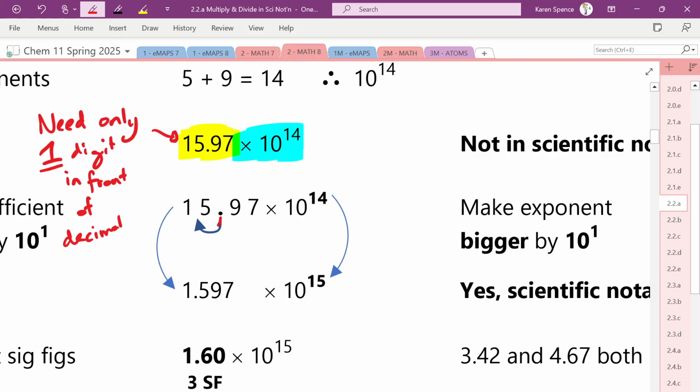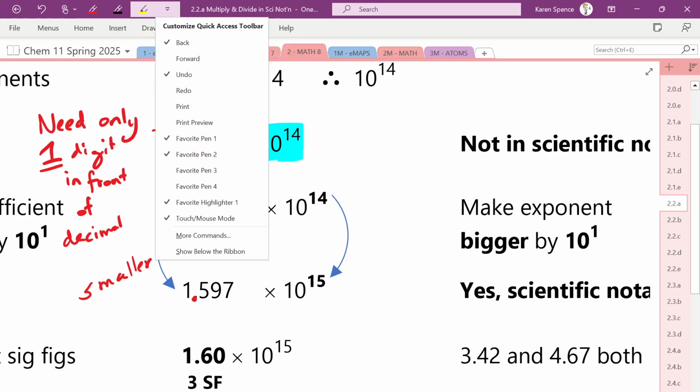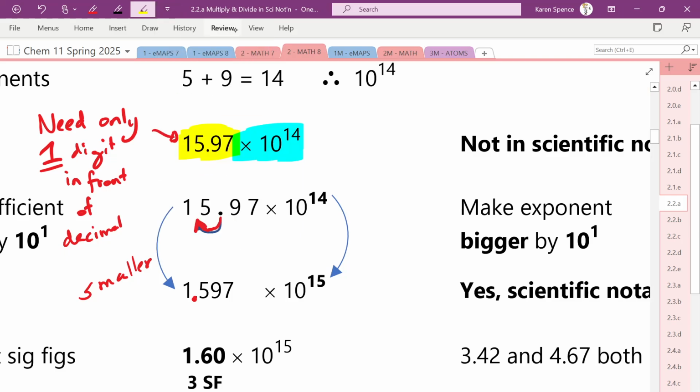So we're going to take this decimal and move it over one place. That gives us 1.597. So the 15 became 1.5. Did that get bigger or smaller? Well, is 15 bigger than 1, or is 1 bigger than 15? We turned from 15 to 1.5.